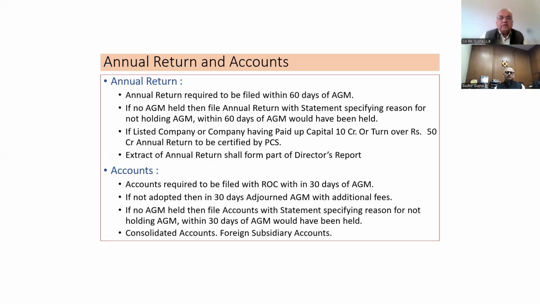If no AGM is held, then you have to file the accounts with a statement specifying reasons for not holding the AGM, because sometimes there may be a deadlock in management. You have to give those reasons within 30 days of the period when the AGM would have been held. In case of consolidated accounts and foreign subsidiary accounts, you have to enclose the details accordingly.